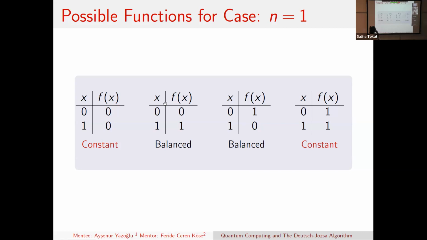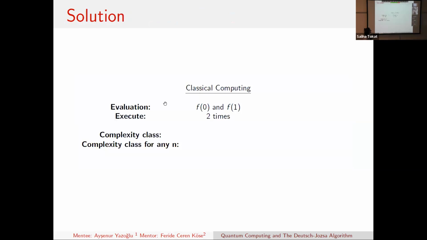It's the same case if the output is 1. So to determine the function's behavior, I need to evaluate f(1) too. That means 2 evaluations, which also means executing the program 2 times, which gives us the complexity class O(2).